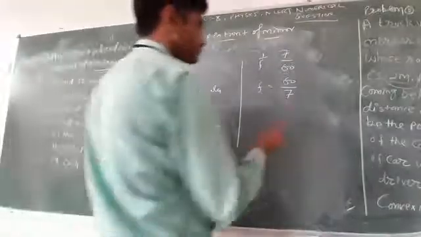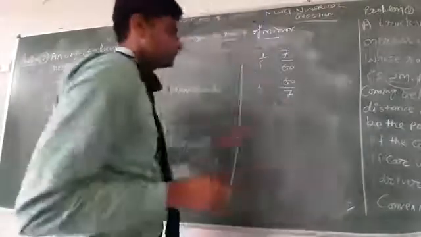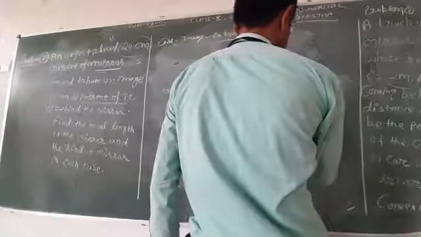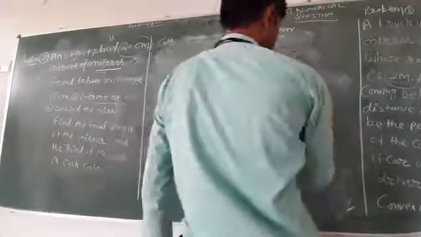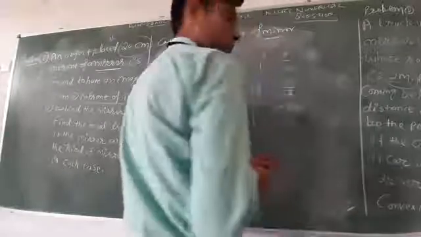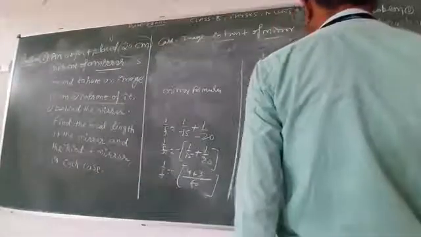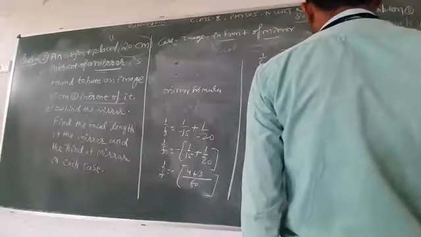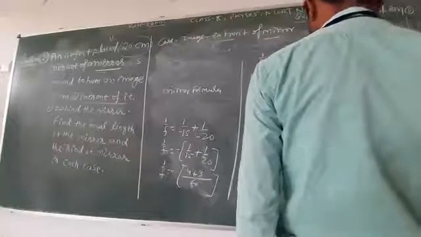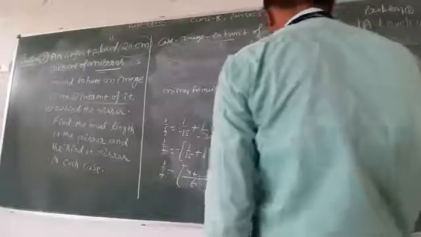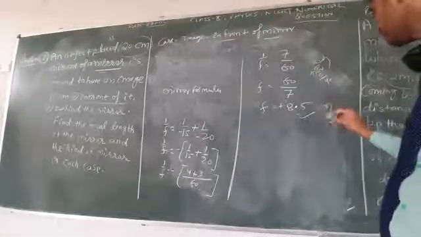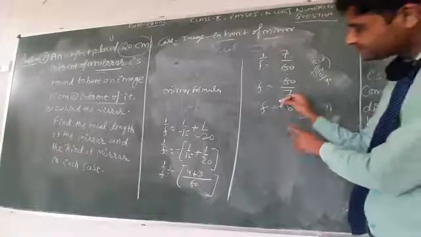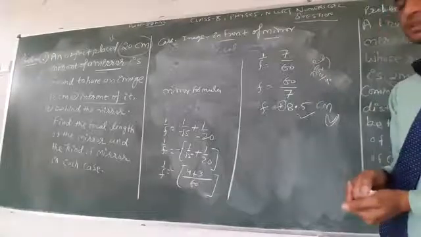Okay. So dividing 60 by 7 is 8.5. So the focal length is 8.5 centimeter. Clear? What is the meaning of the sign?